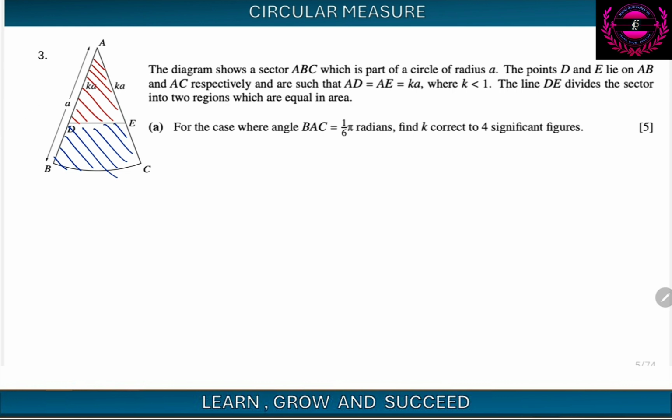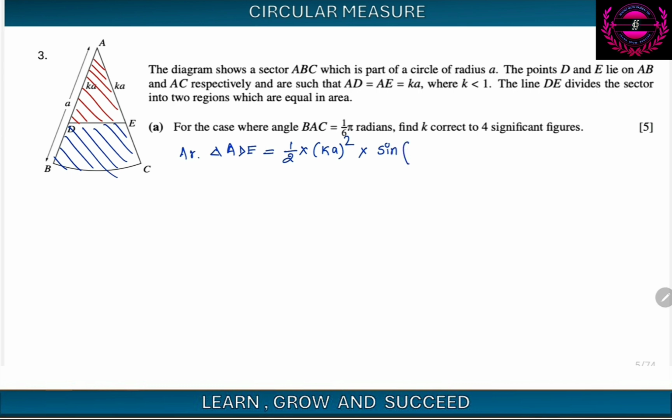Fine. For the area of triangle ADE shaded by the red lines, using the formula half xy sine theta, it will be half xy sine theta, with AD and AE both being KA. So half KA square, sine theta.